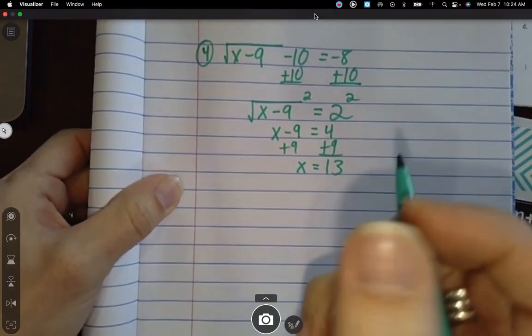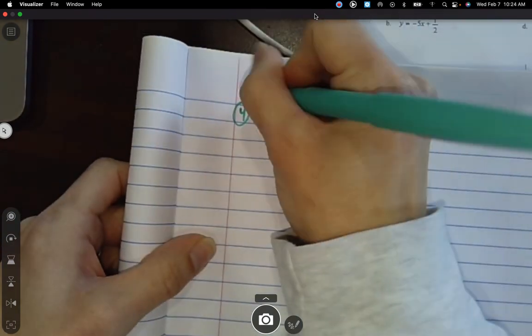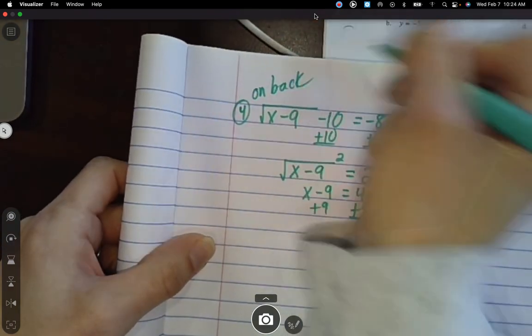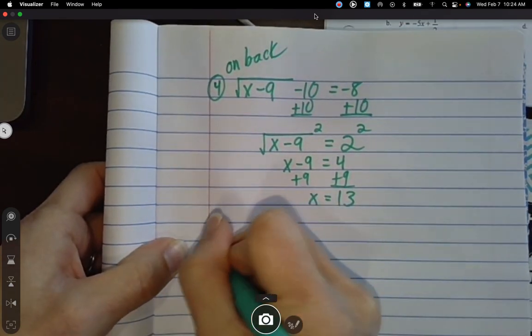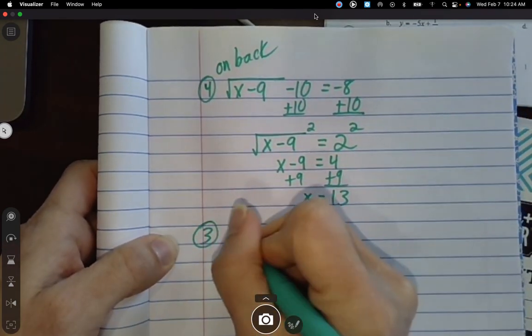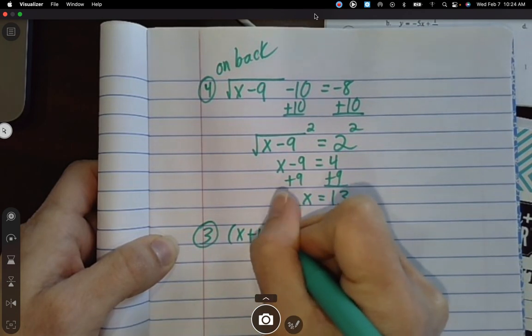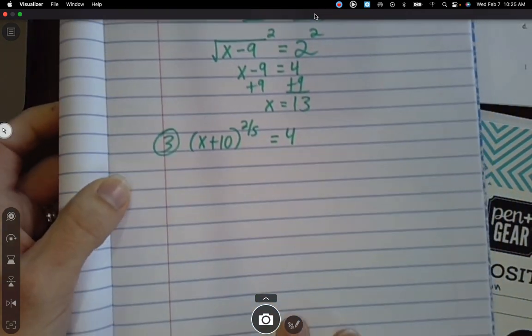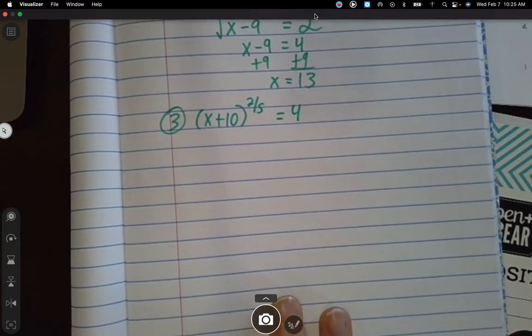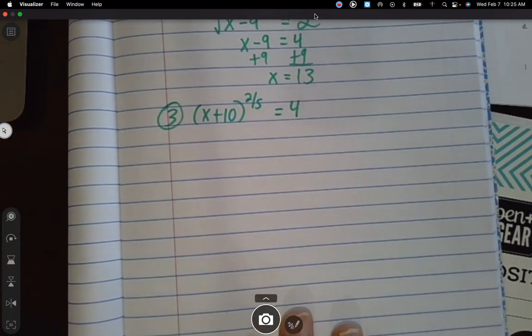All right, so here, this was number 4 on the back. Let me make sure that y'all know that. So number 3, I've got x plus 10 to the 2/5 equals 4. So this one's kind of confusing. I've got to get rid of that fraction that's an exponent.